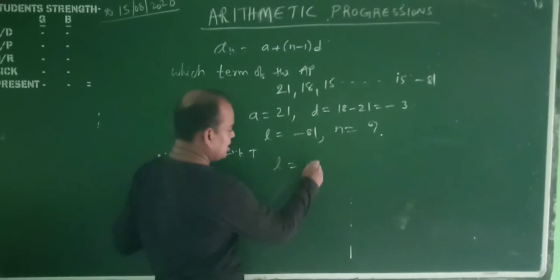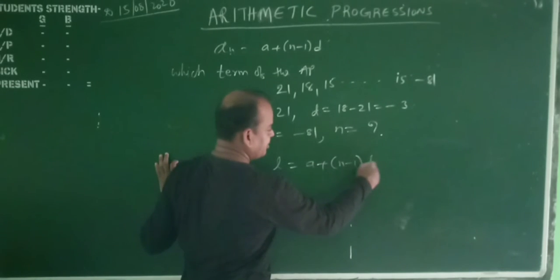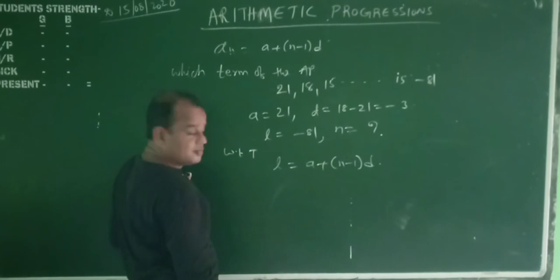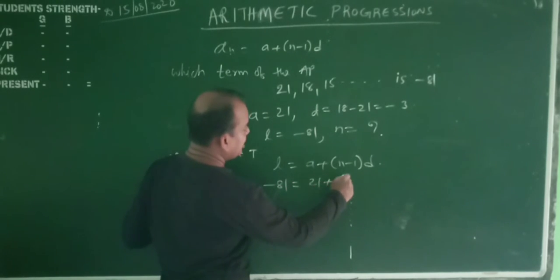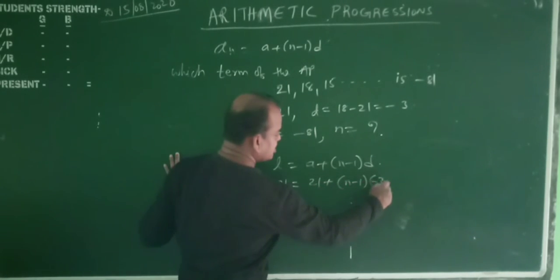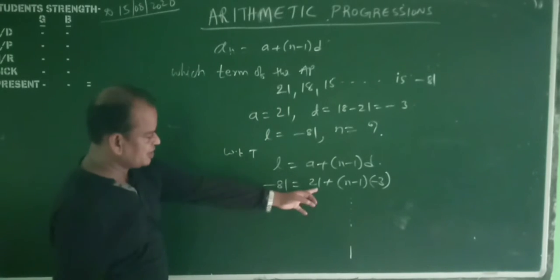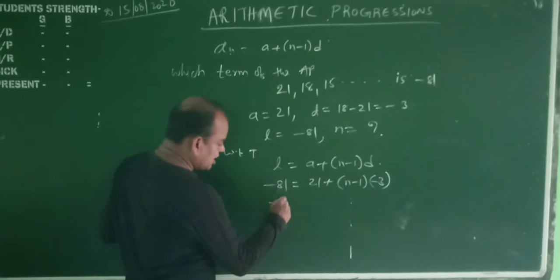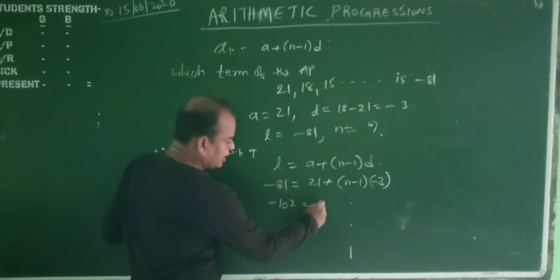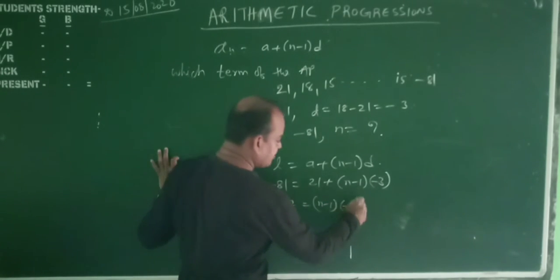Okay, my dear students, we know that L is equal to A plus N minus 1 into D. L means minus 81 is equal to A value 21 plus N minus 1 into D, where D is minus 3. Moving 21 to this side, minus 81 minus 21 is minus 102, equal to N minus 1 into minus 3.